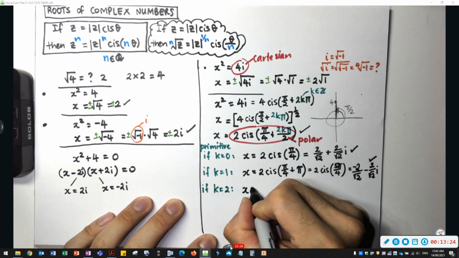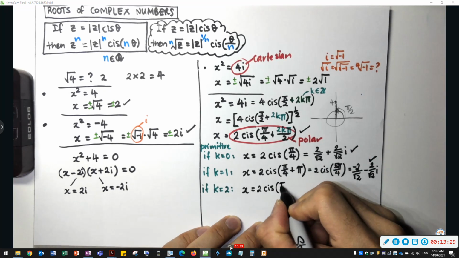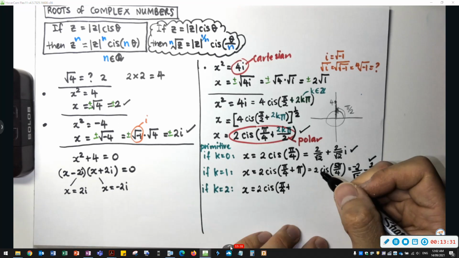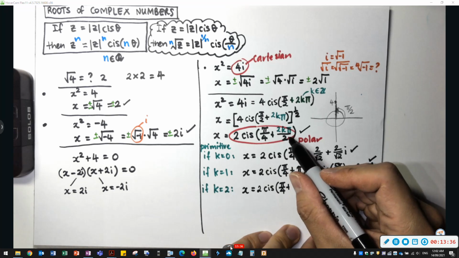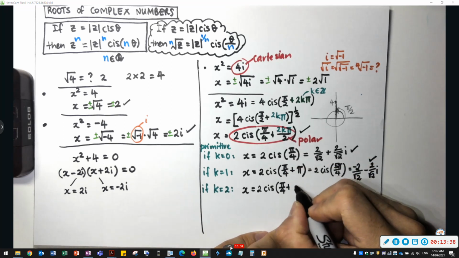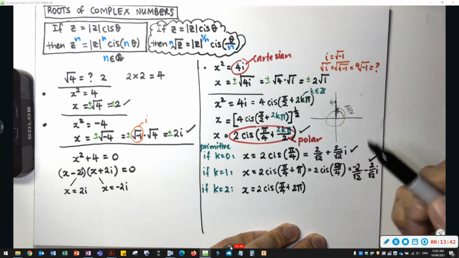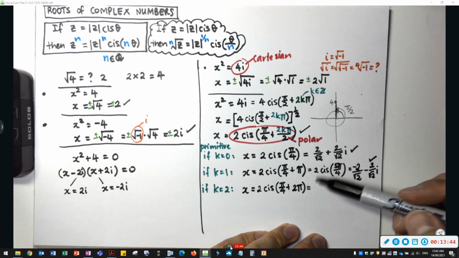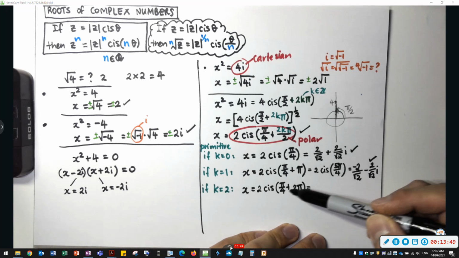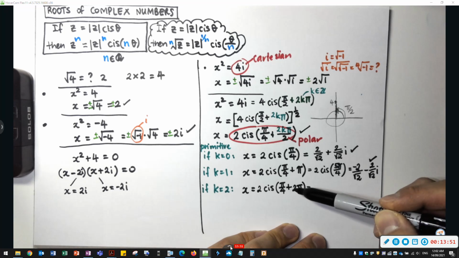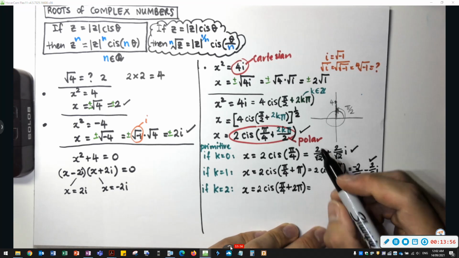Okay, so when k equals 2, x will be equal to 2 cis pi on 4 plus 4 pi on 2, which is the same as adding 2 pi. Okay, I'm just substituting the k equals 2 into here. Now, if you just look at this, don't even think about expanding this and simplifying this. This angle here plus another 2 pi is literally the same as pi on 4, right?